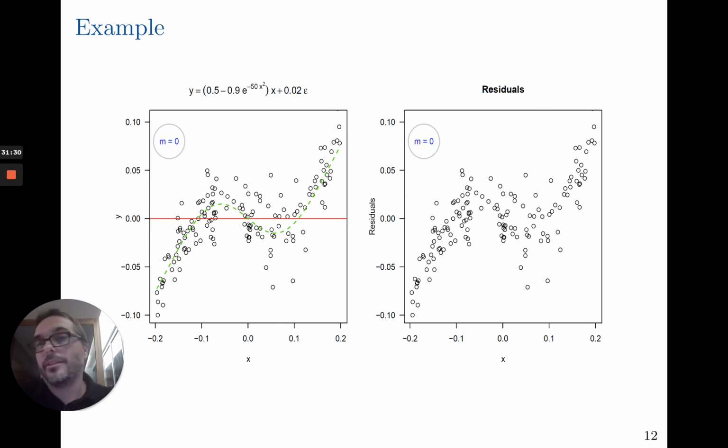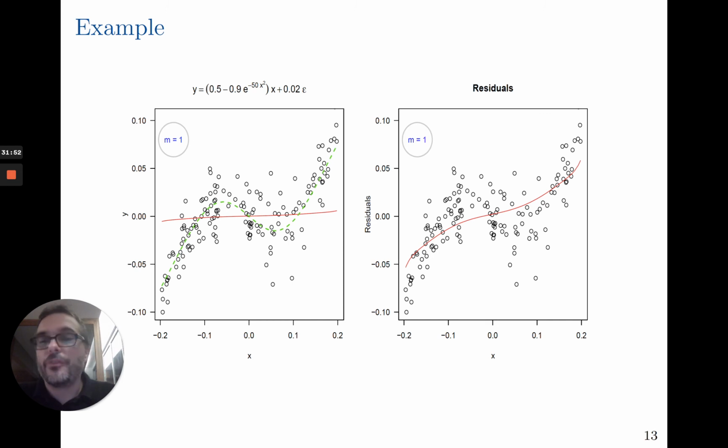The dots are the data. On your right, you see the residuals from this constant model. So basically in this setup, it's doing nothing, because the mean is 0, so you're removing 0 from the data.